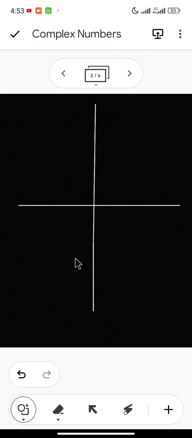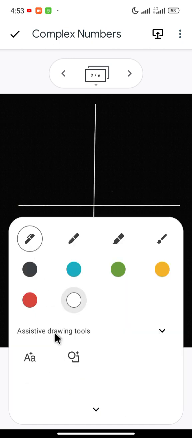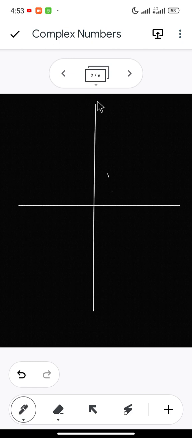We have this and this. So remember that this is your positive y, positive x, negative x, and your negative y. So as we said, according to the question, x is equal to 0 and y is equal to negative 5. So this is what's going to happen here.